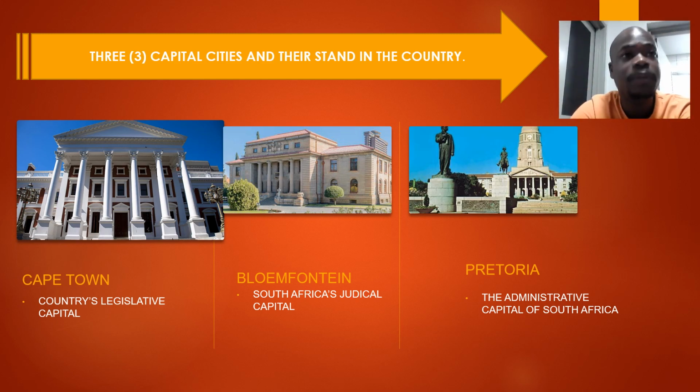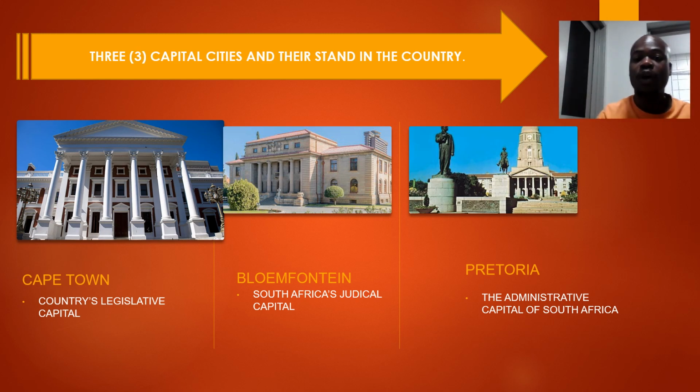I found it wise to share with you that each of these cities separates a segment of the national government, which means each city has a certain meaning and is important according to what it stands for in the country.